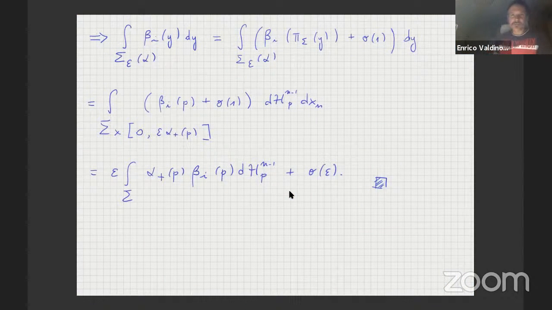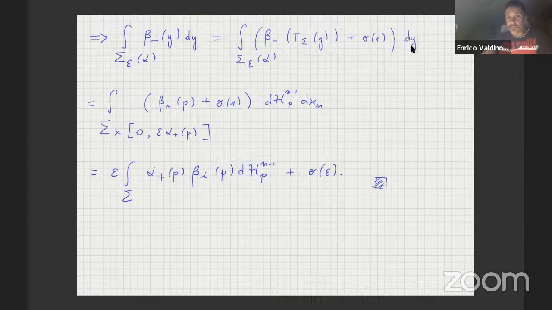So the reason for which I like this change of variable is that I can look at the object I have to compute, that is the integral of beta_i over the tubular neighborhood. As I was saying, I can project y on the surface, and I lose something that is going to be infinitesimal in epsilon.